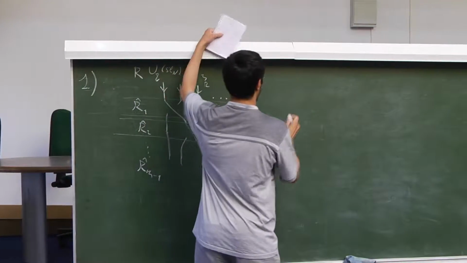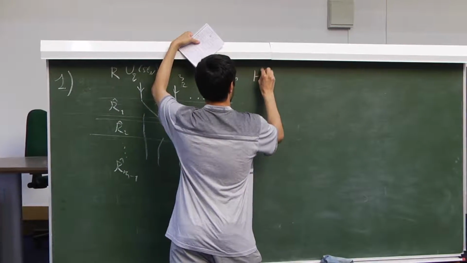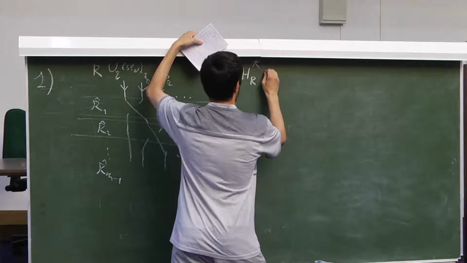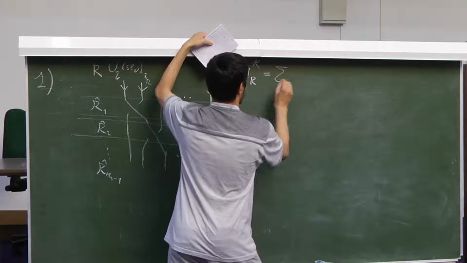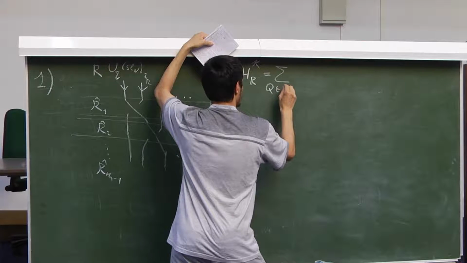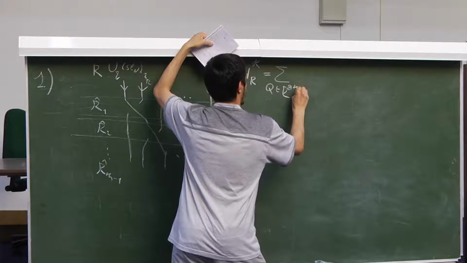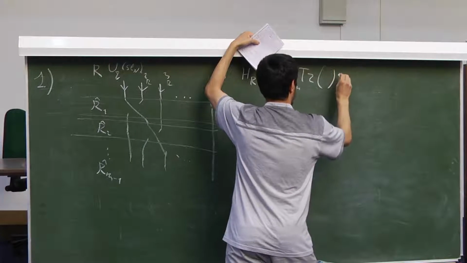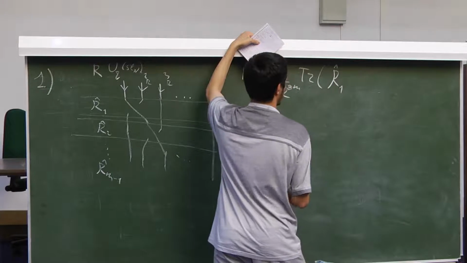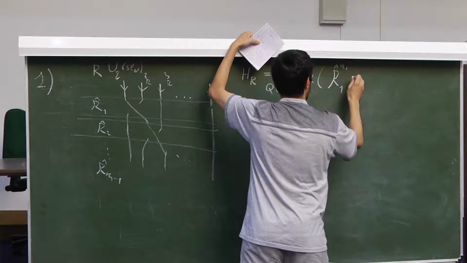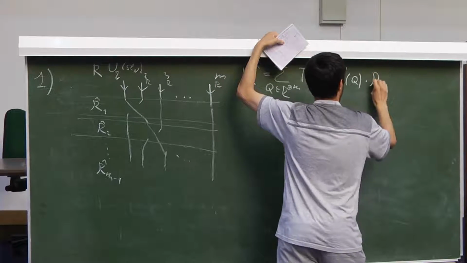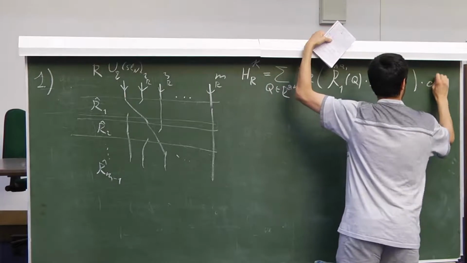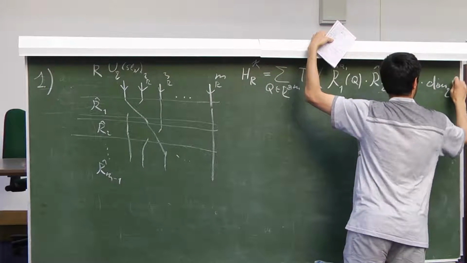And the quantum invariant of a given knot for a given representation R is equal to the sum over representations Q of the trace over R matrices, R1 to the power A1, which depends on Q, times R2 to the power A2, and so on, times the quantum dimension of representation Q.